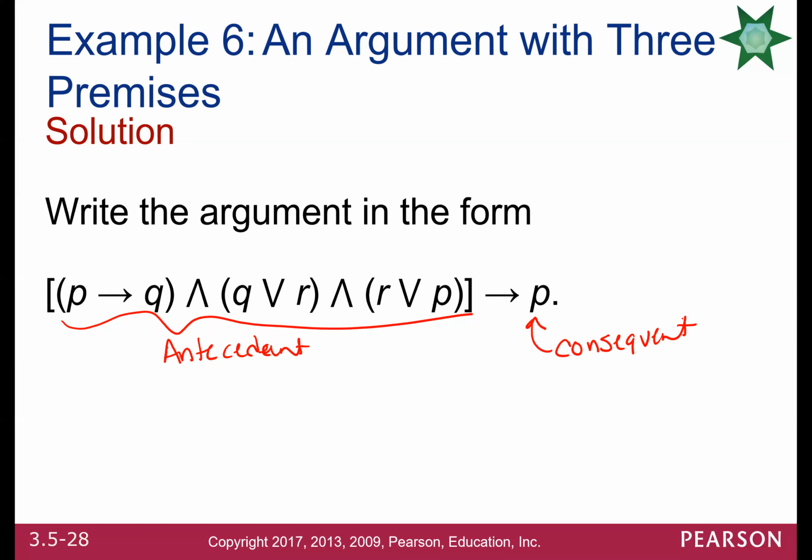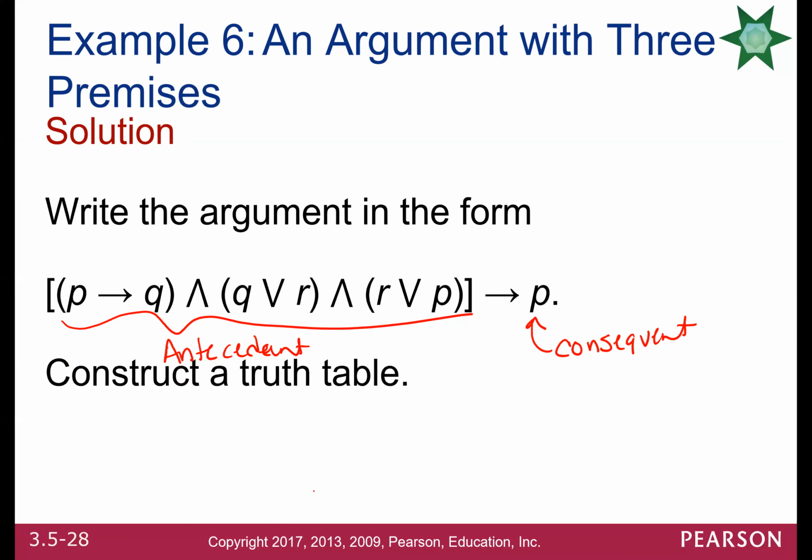So I'm going to first create the conditional if P then Q. I'm going to create the disjunction Q or R. I'm going to create the disjunction R or P, and then combine those using conjunctions. Once I have that conjunction, then I'm going to use that as the antecedent for my conditional.